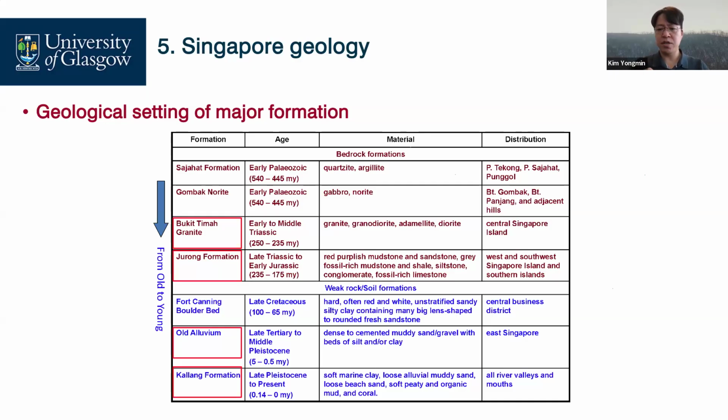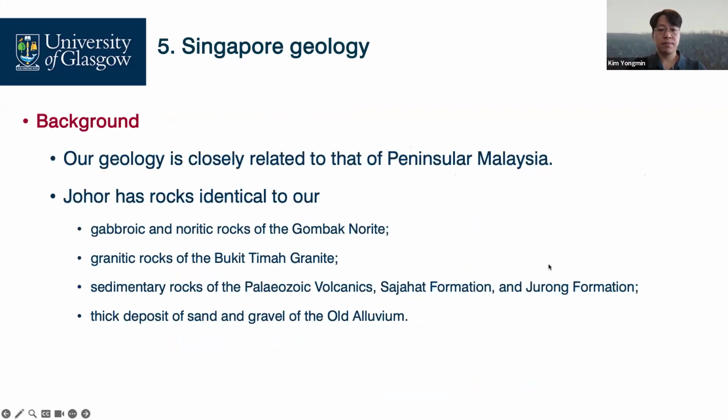It is kind of fine material, and it is distributed in East Singapore. The Kallang Formation is mainly comprised of soft marine clay and soft, peaty organic mud. You can easily see it near river valleys and river mouths. So I will introduce each Singapore geological formation and its mechanical and hydraulic characteristics.